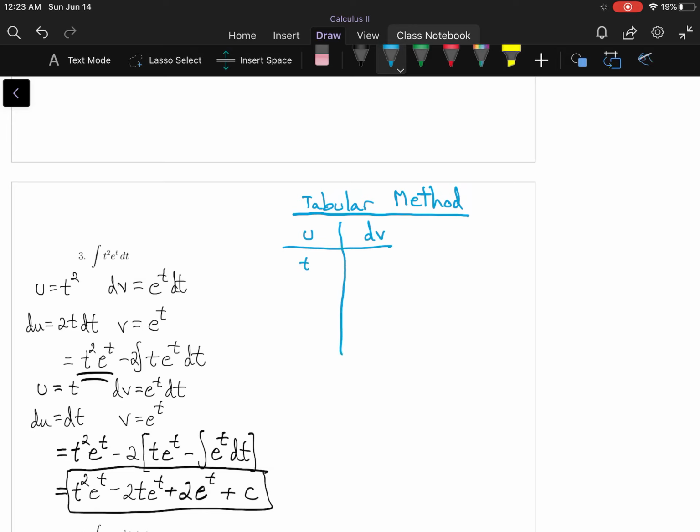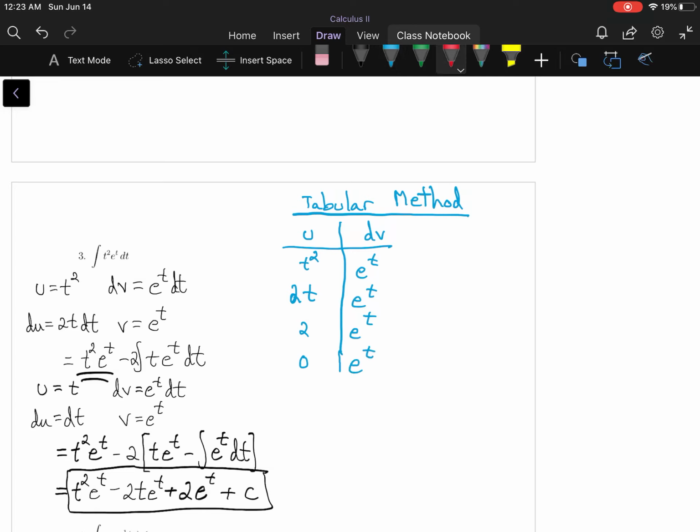U is going to be t squared. Its derivative is going to be 2t, and then 2, and then 0. dv is going to be e to the t, and the integral of that is still e to the t. The integral of that is still e to the t, and its integral is still e to the t.